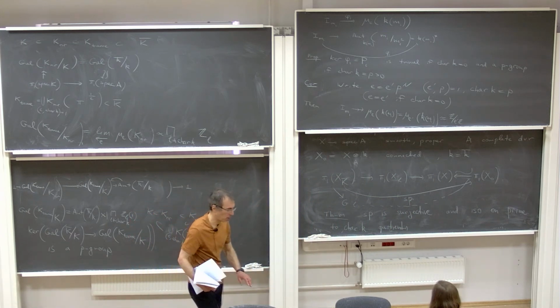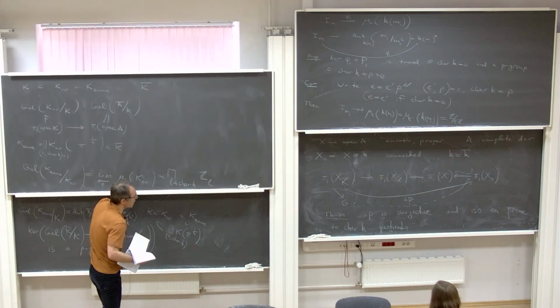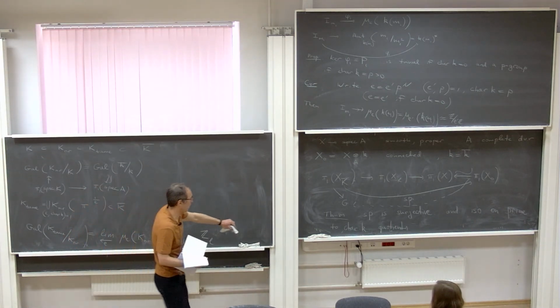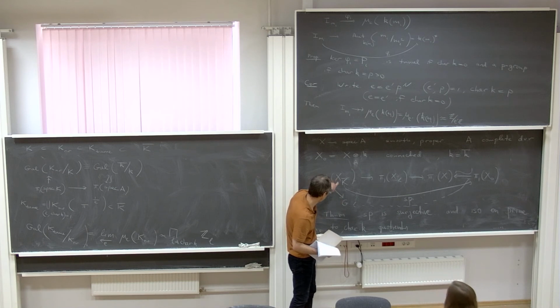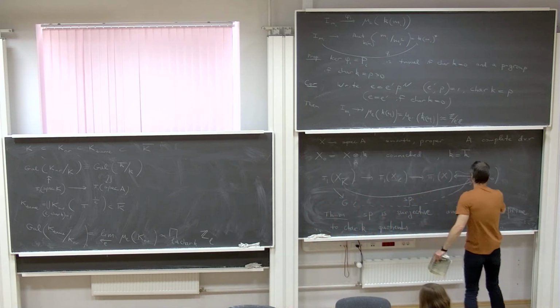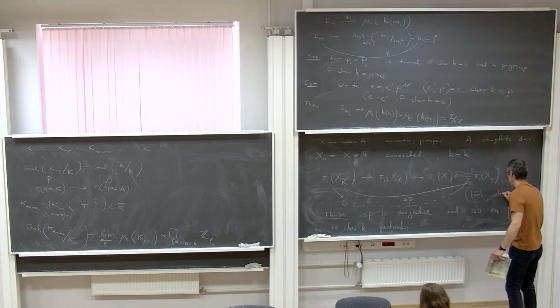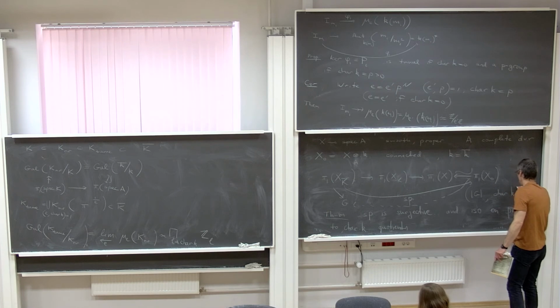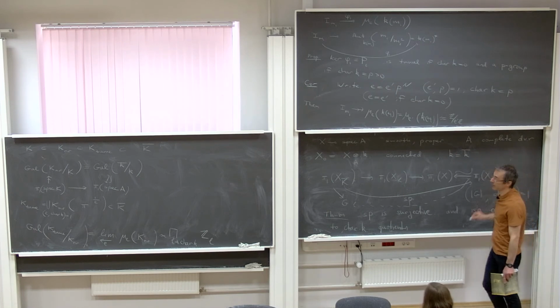Okay, so what is the strategy here? We already proved surjectivity, so we only want to prove this assertion, that any homomorphism from pi1 to G, where the order of G is relatively prime to the characteristic of k, factors through pi1 of X0.